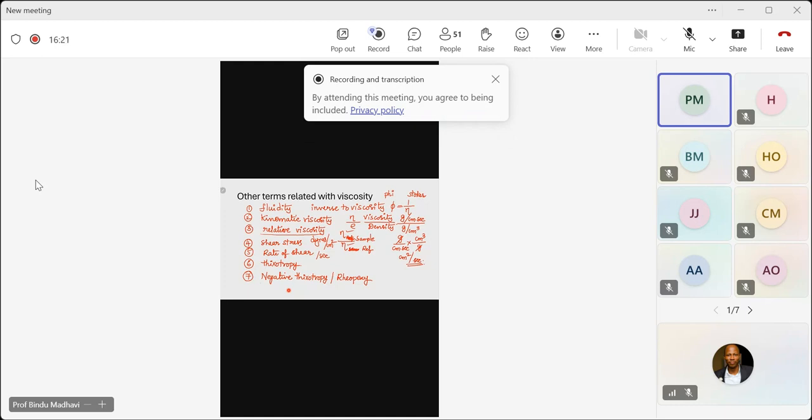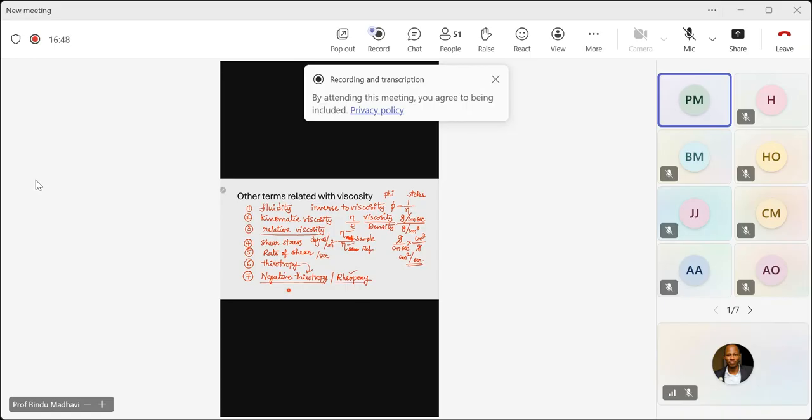And negative thixotropy is increase in viscosity when shear stress is removed, otherwise called rheopexy. Opposite of thixotropy. In thixotropy, there is a drop in viscosity the moment you stop shearing. But in negative thixotropy, there will be increase in viscosity the moment we stop shearing. So it is also called rheopexy.